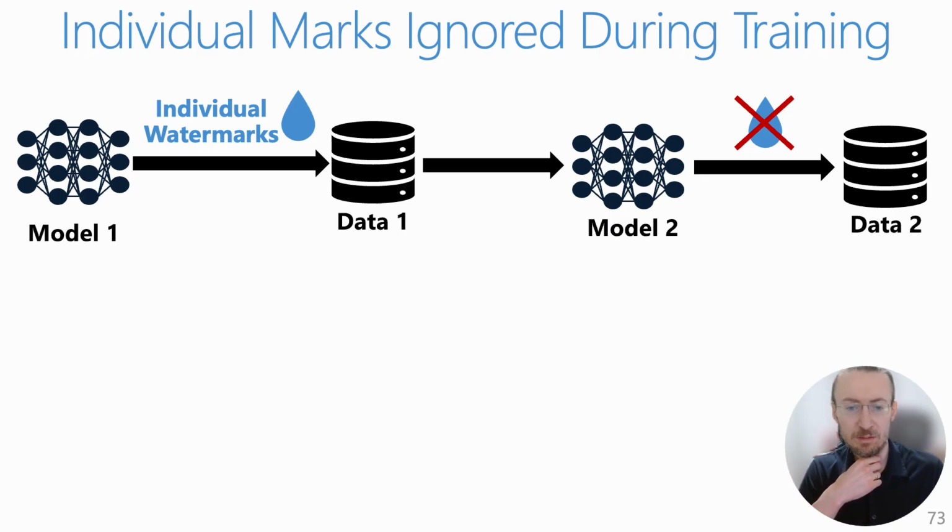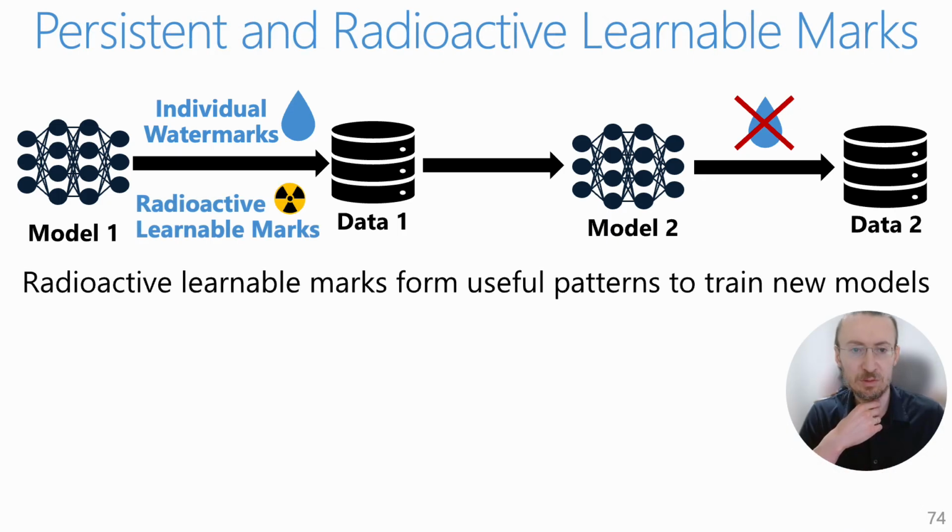So here, what we really want is to have radioactive, learnable marks. These marks should be detectable when a new model, in this case model 2, is trained on the watermarked data. To this end, these marks should form useful patterns that are repetitive, and the model could then memorize or learn these patterns.